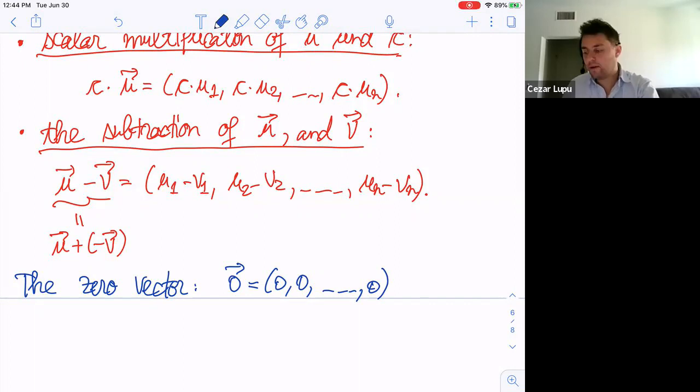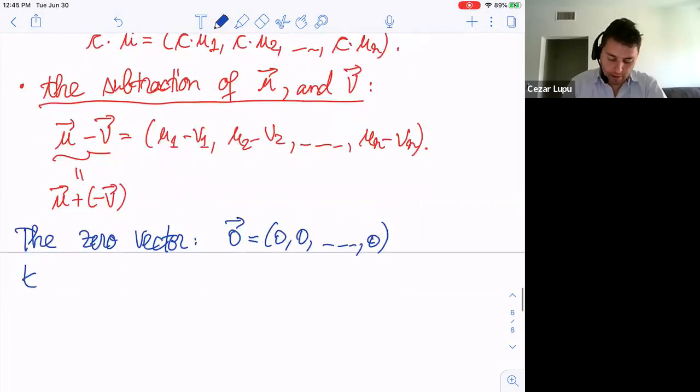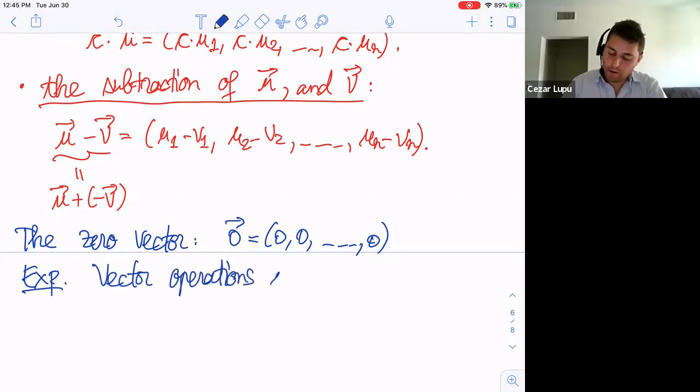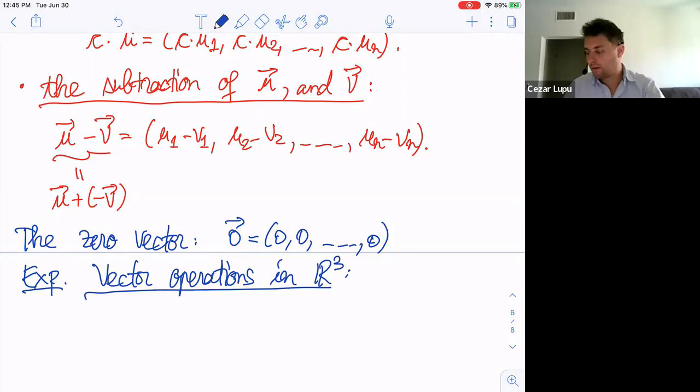Now, let me give you a quick example of vector operations in R3, let's say. You can take vectors in R4, R5, whatever, but it's more convenient to take them in R3.